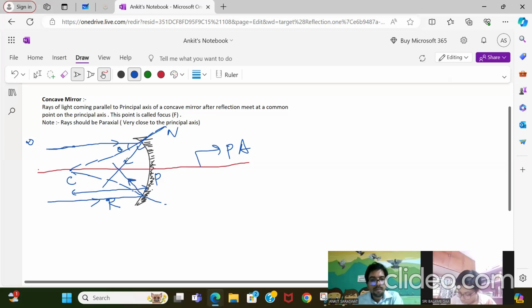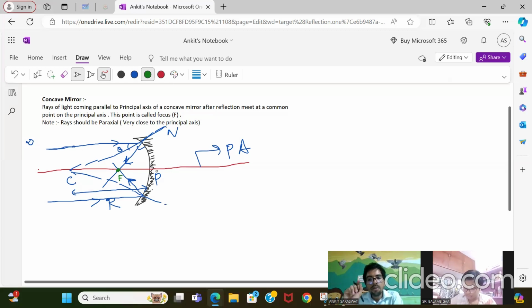This point is known as focus, F. So rays of light coming parallel to the principal axis of a concave mirror, after reflection, meet at a common point on the principal axis.